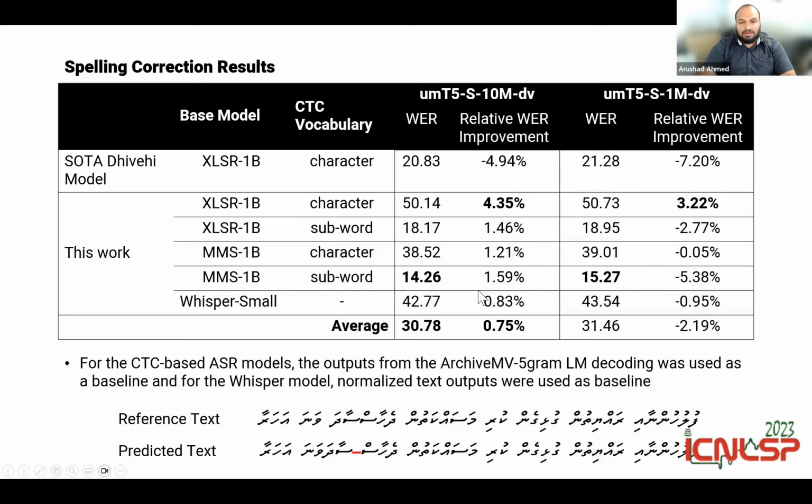You can also observe that the Whisper model has the least improvement. This is expected as it's a sequence-to-sequence model, which essentially has an internal language model, so it benefits less. Now you can see the same sentence as before, this time with both language model decoding and spelling correction. You can see there's only maybe one error in the output.